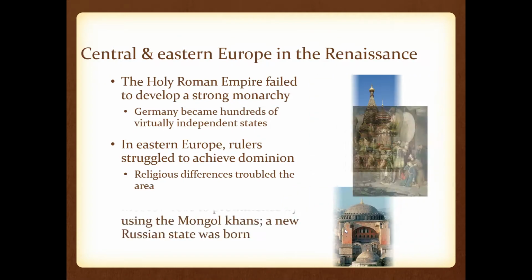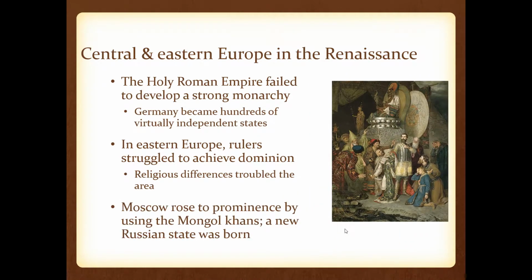However, one of the things that does happen is that Moscow rises to prominence. The Mongols are defeated by the new Rus state, and so this Russian state is born, and the Eastern Orthodox Church becomes more centered in what will become Russia.